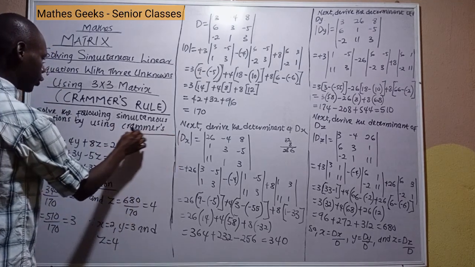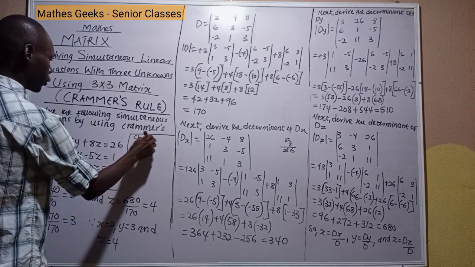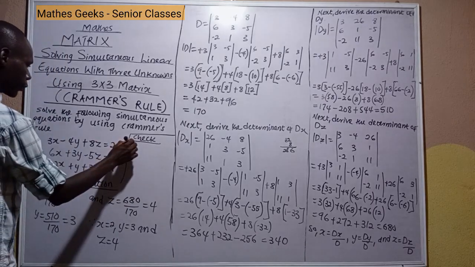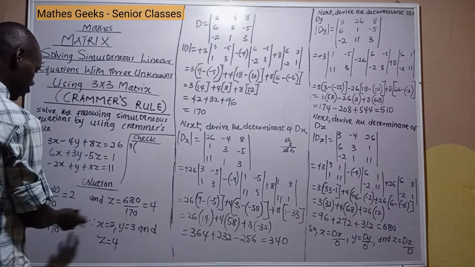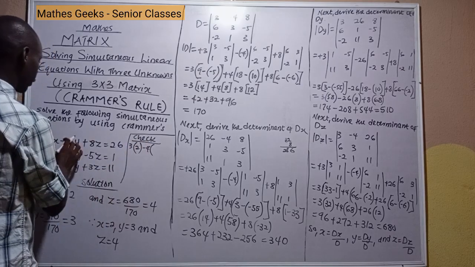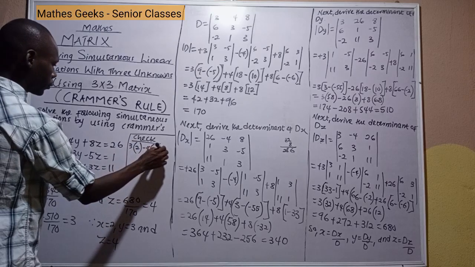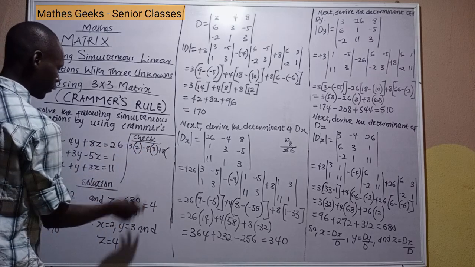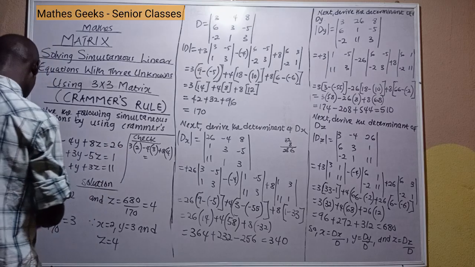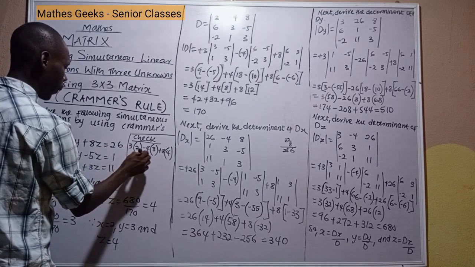Let's check if our answers are correct. We'll call it check. So 3x is 2, minus, in place of y we put the value, y is 3, plus 8, z is 4. Let's see if our answer will be 26. So 3 times 2 is 6.